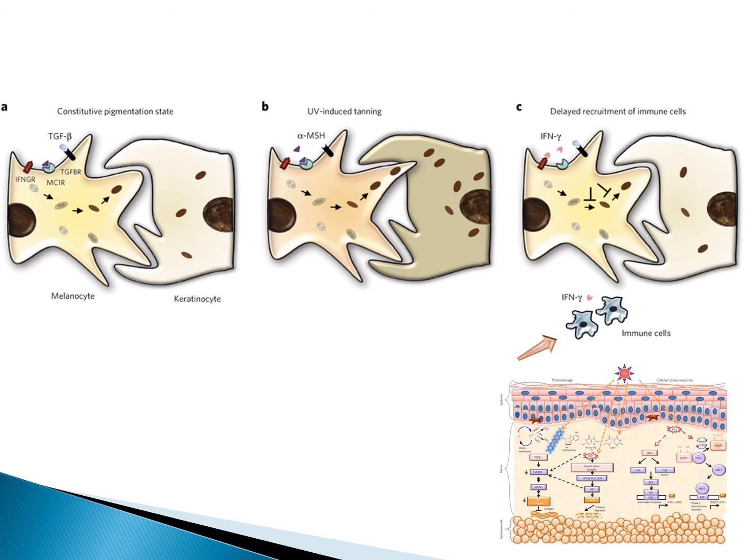Now, with UV radiation, you have the alpha melanocyte stimulating hormone that acts and that results in an increased level of melanin being produced by the melanocyte. There's also an element of inflammatory induced recruitment, and this is primarily what we can be focused on, I feel, when we're trying to think of post-inflammatory pigmentation or hypopigmentation.